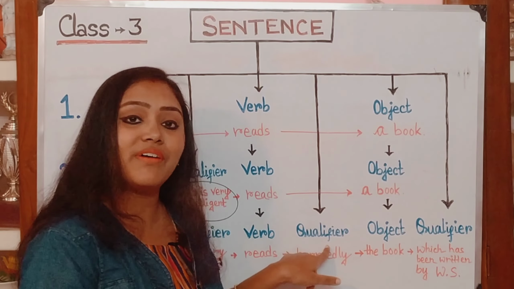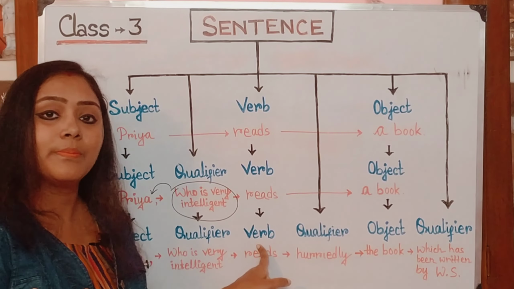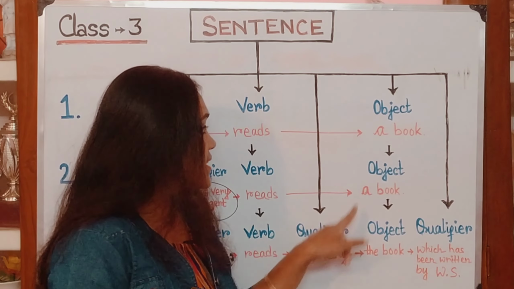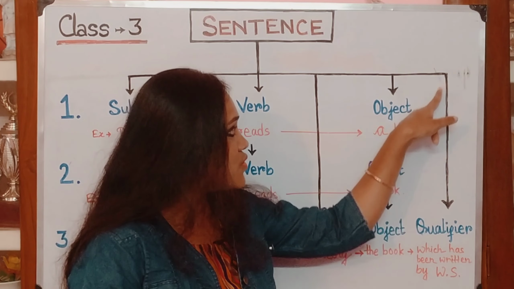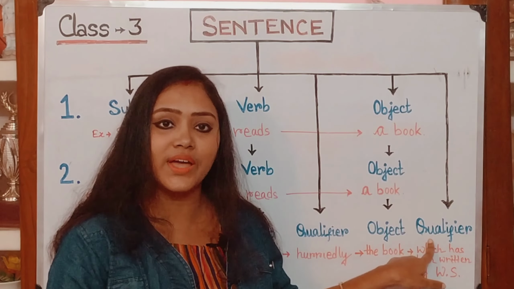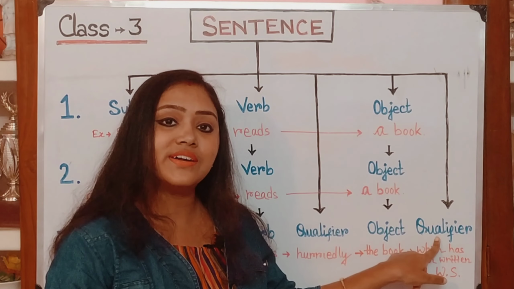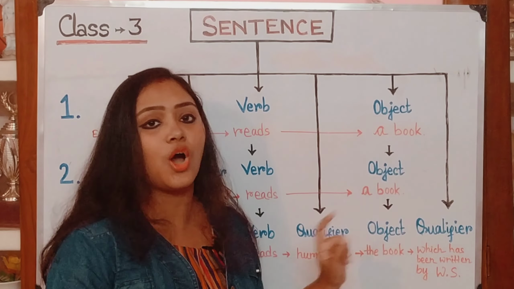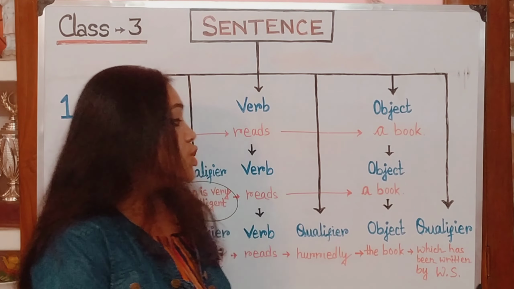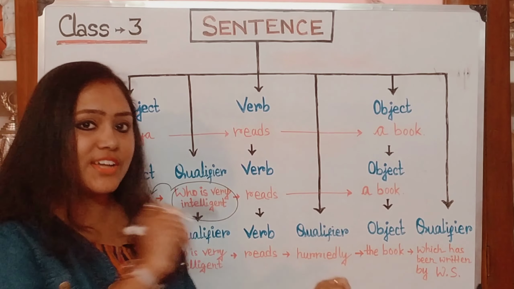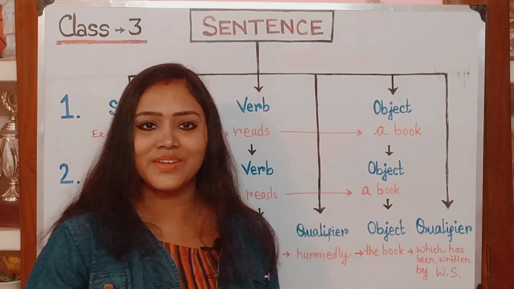This qualifier is qualifying the verb. Clear? Next comes the object of the sentence and again comes another qualifier. You can see, this qualifier is qualifying the object of the sentence. Am I clear? So here I said it is the toughest one, and now you can know why.